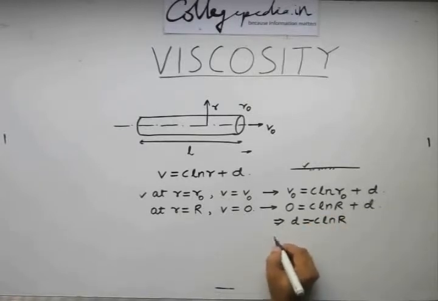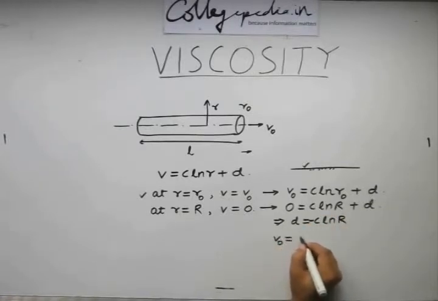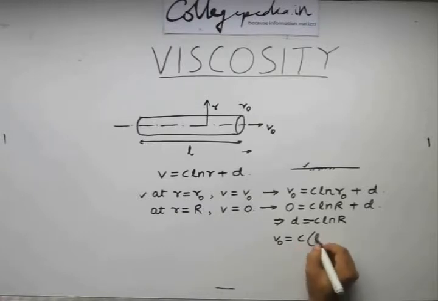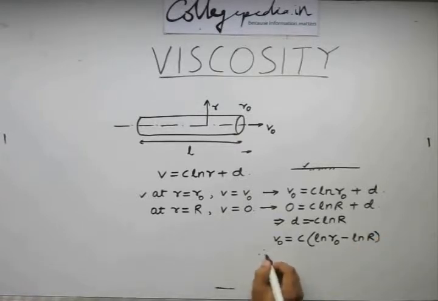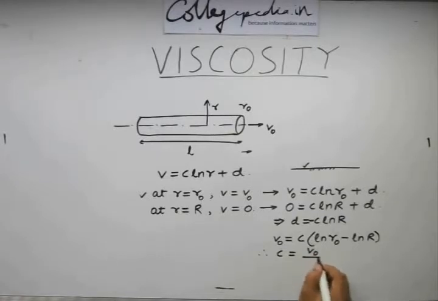What we get is V naught equal to C times ln of R naught minus ln of R. This gives us C to be equal to V naught by ln of R naught by capital R.